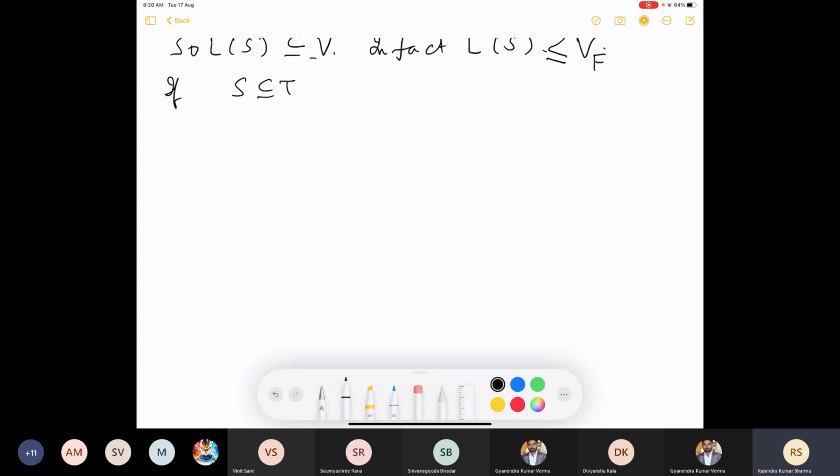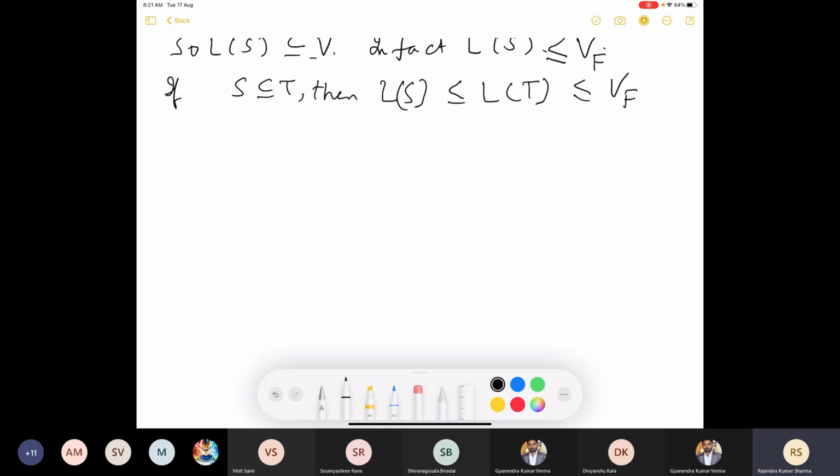So if S is a subset of T, then LS will be contained in LT. Naturally, this is also a subspace of LT. These are subspaces of V.